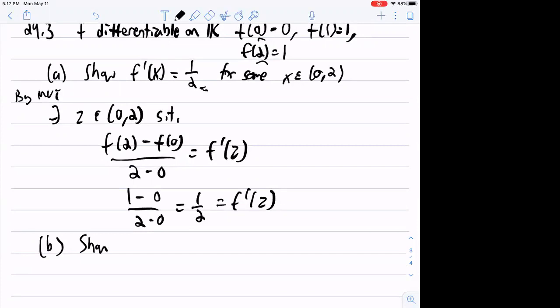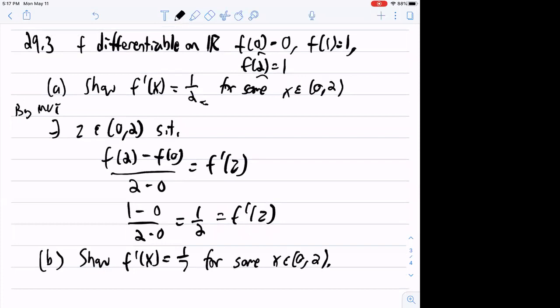Okay, so the next question is show f prime of x is 1 over 7 for some x in 0, 2. Okay, so we found a point such that it is a half. So how am I going to get 1/7? Any ideas?